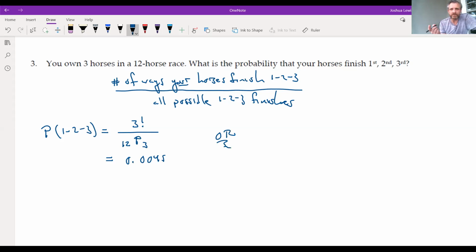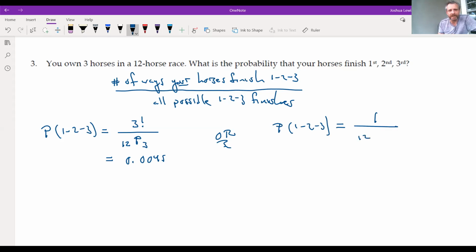There's another way to look at this. Do I really care which one of my horses finishes first, second, and third? Or do I just care that my horses finish in first, second, and third? From that perspective, I have a combination. And there's only one combination I care about, my 3 horses.